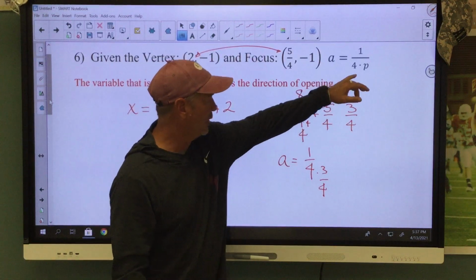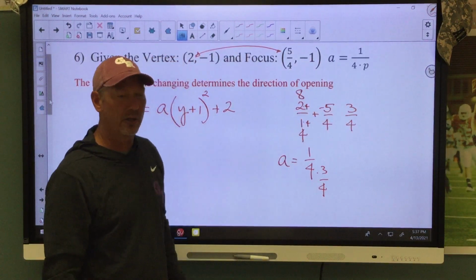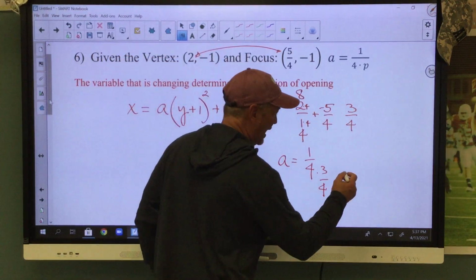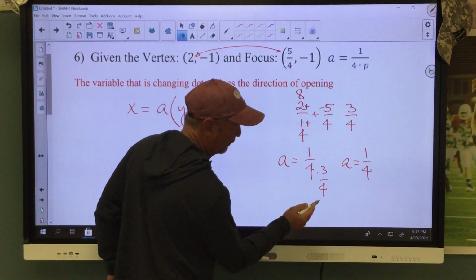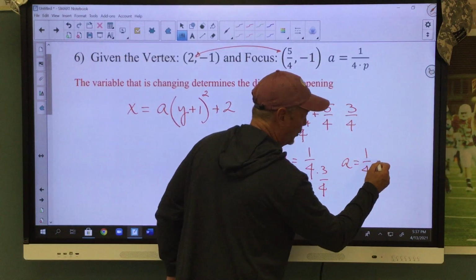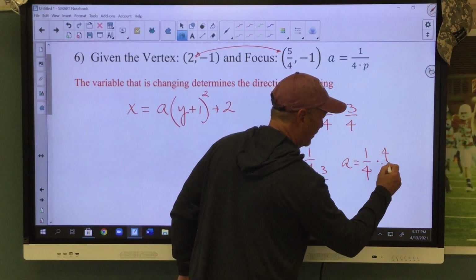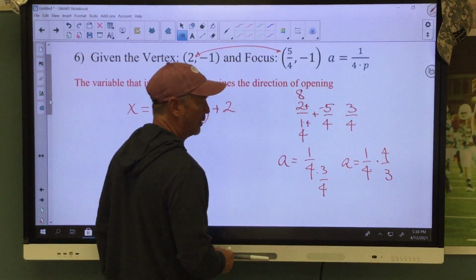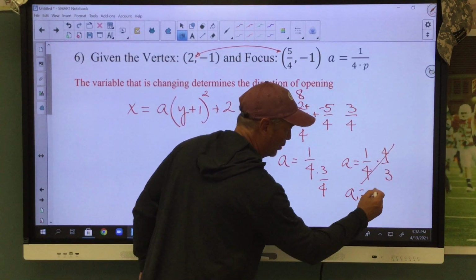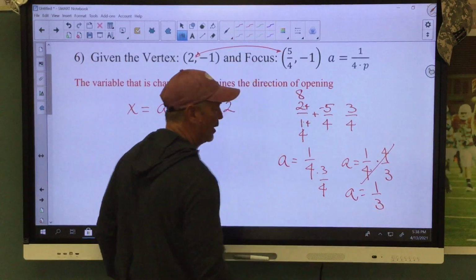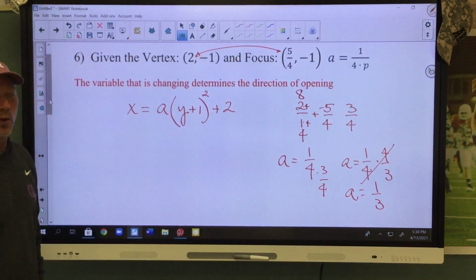If we have a value that is a fraction, the way we're going to do this is we're going to say that a equals 1 over 4. Instead of taking the fraction down, we're going to multiply times the reciprocal. Now the 4's are going to cancel, and I get a equals 1/3. So my a value is 1/3.